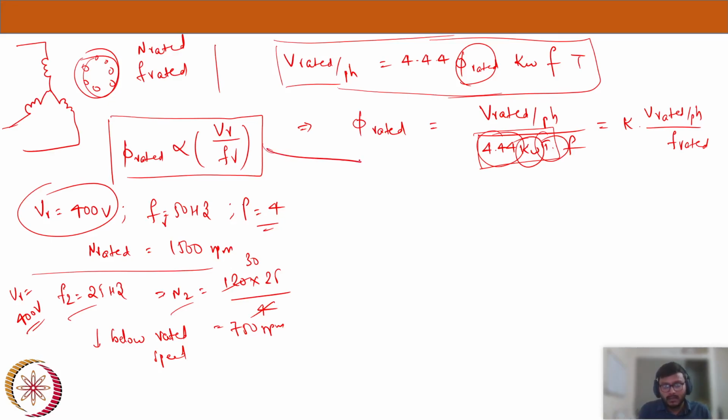From this formula, we have seen that flux is proportional to V by F. Flux rated is proportional to V_R by F_R. In every case, we are keeping V_R constant and reducing the frequency, from 50 to 25, and again 10 hertz, 5 hertz. Now, my requirement of rated flux will rise up and up.